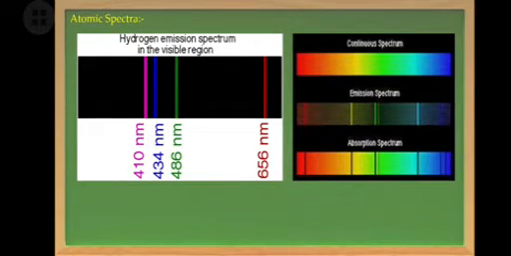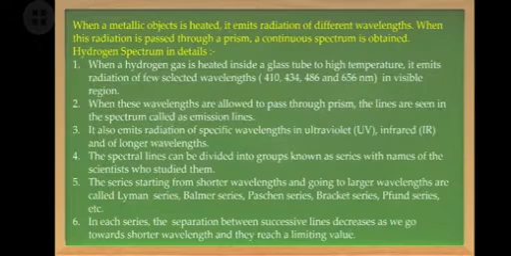The different series are: the first series, having the lowest wavelength, is the Lyman series, then the Balmer series, Paschen series, Brackett series and Pfund series. These series fall in different regions. For example, the Balmer series falls in the visible range, and the Paschen series falls in the infrared, and so on.